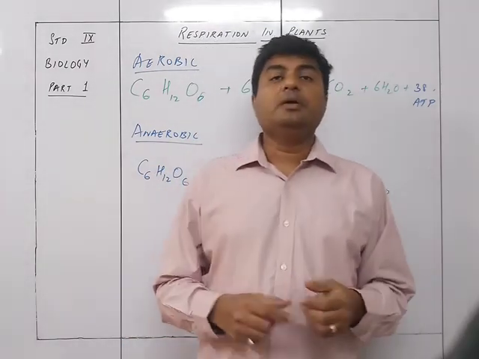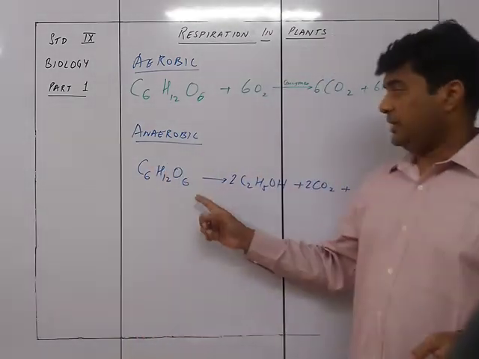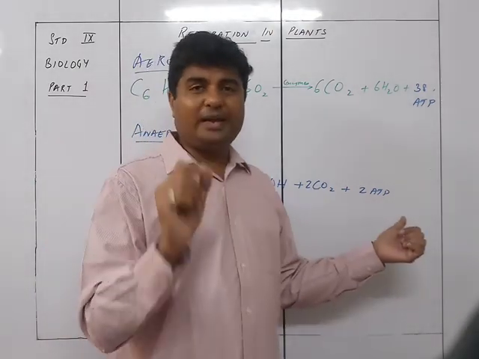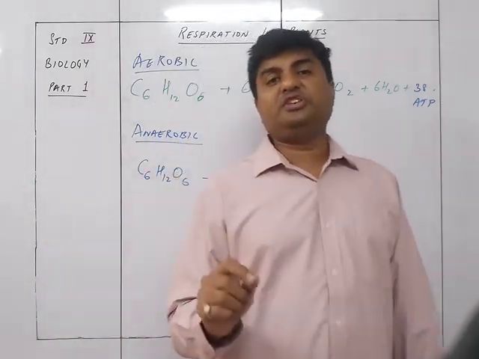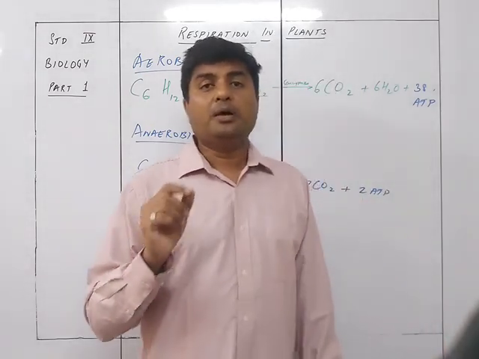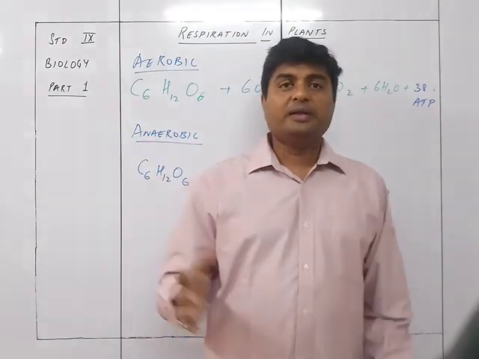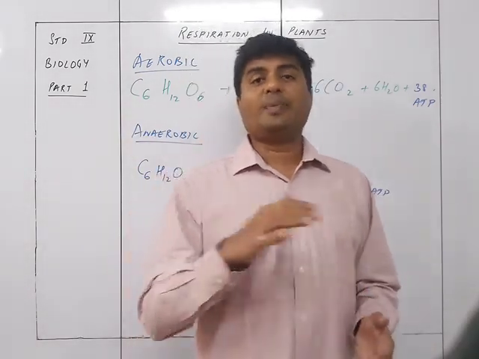So what will happen? At that time, the seed is going to respire anaerobically, and it is going to get only 2 ATP. If that much energy is sufficient for that particular seed to break open through the soil and come out, then the plant will survive. And if it is not able to do so, then the plant will die.